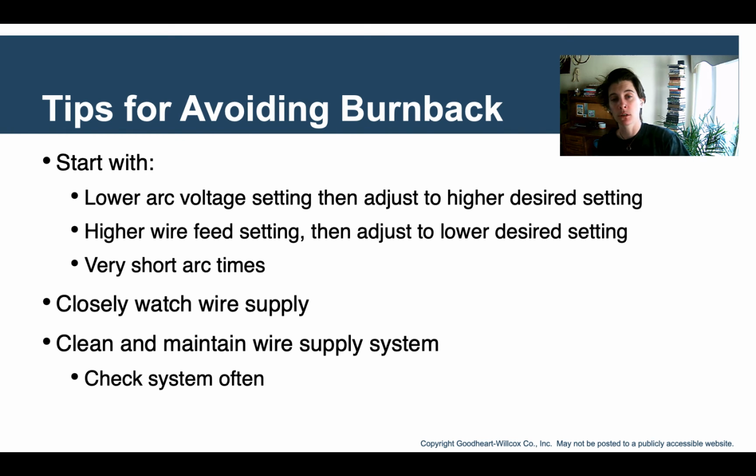Then adjust it lower when you're dialing it in. Have as short arc times as possible. Closely watch that wire supply, and clean and maintain it. Make sure you keep your gun cable long and free of any loops or kinks.